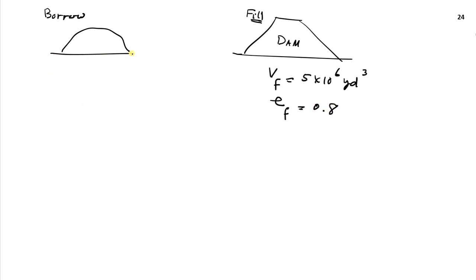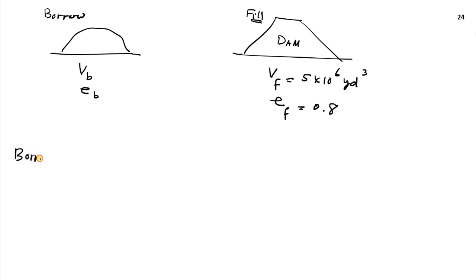And the borrow areas, so the volume is going to be volume of borrow area and the void ratio is going to be void ratio of the borrow area. Now there are three borrow areas. So one is borrow area A. So supplier A, our borrow area is the same.